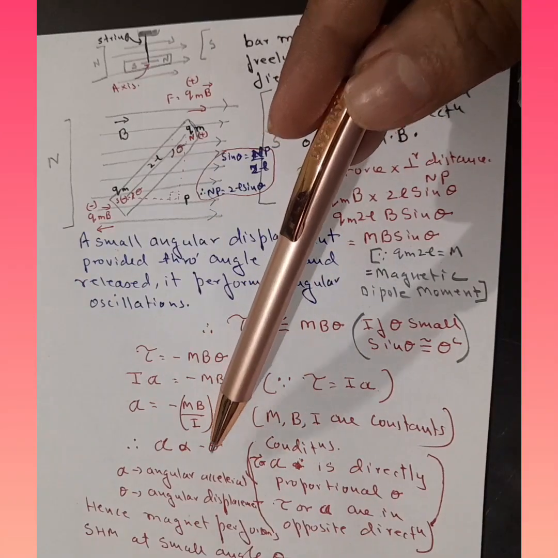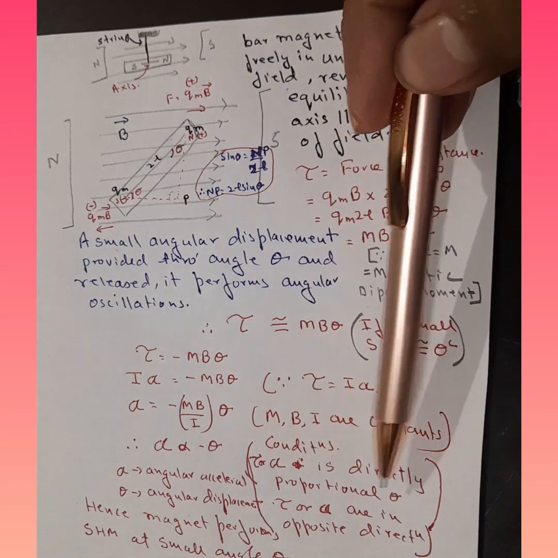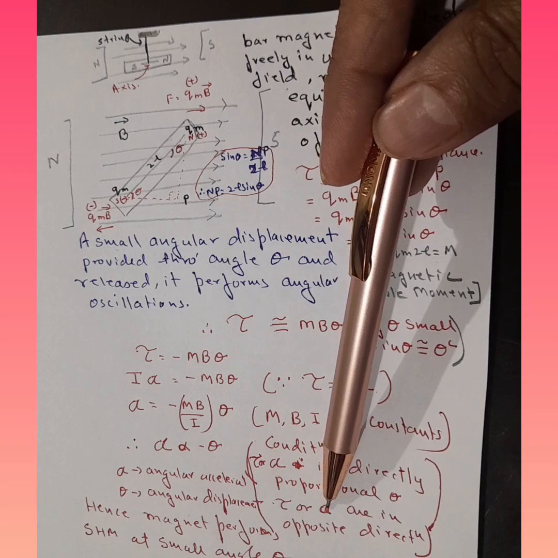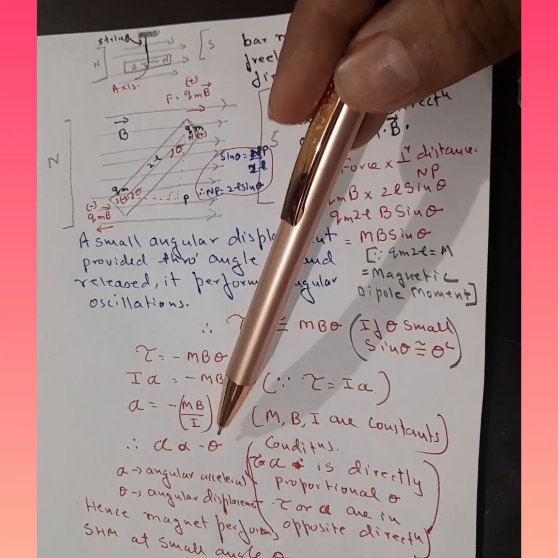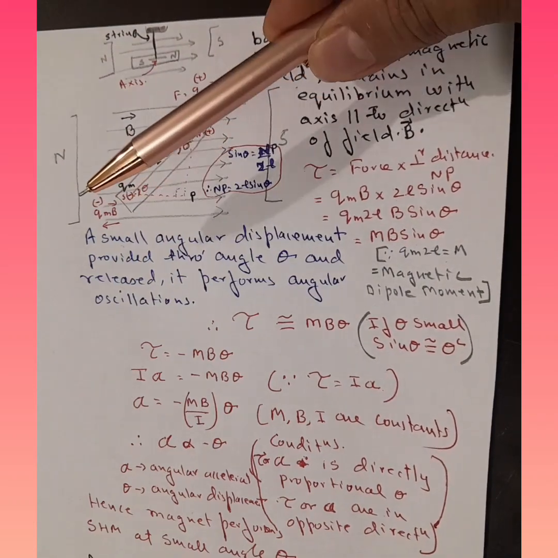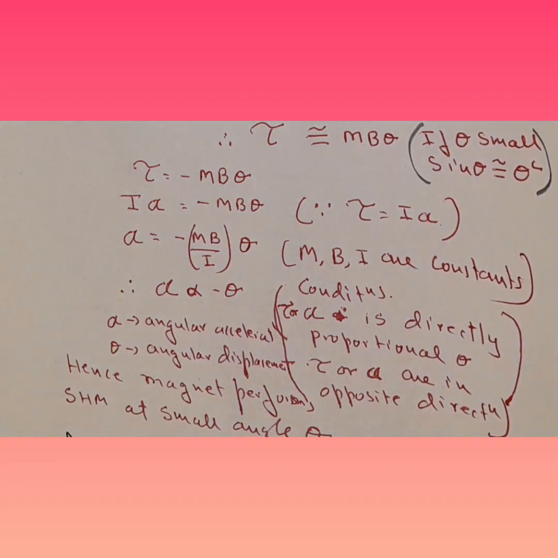So tau or angular acceleration is directly proportional to theta, and in the opposite direction. That itself proves that this angular oscillation performed by the bar magnet is SHM, and obviously it has to be at a small angle.